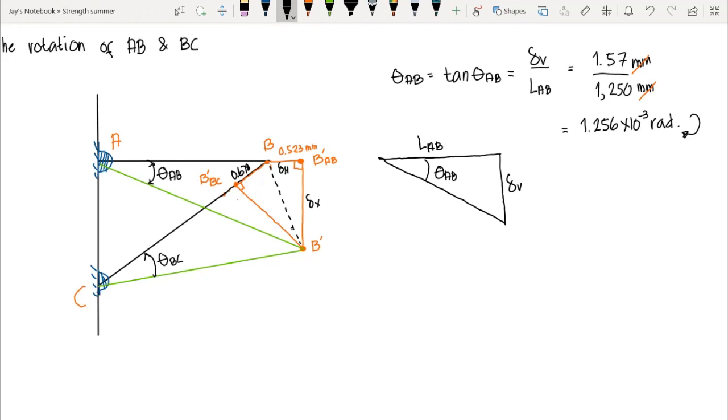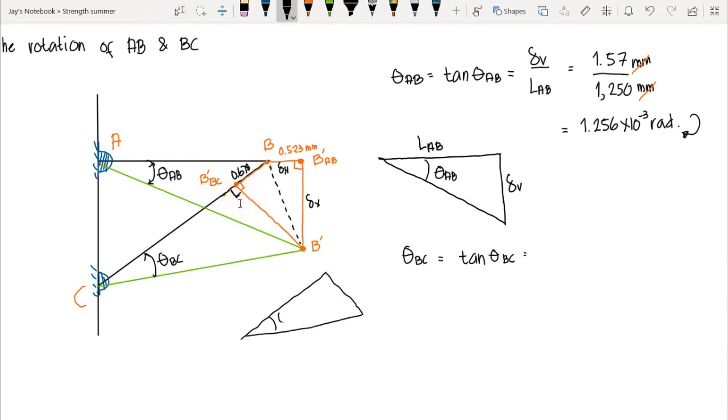Now for the rotation of member BC, that is basically equal to the tangent of the angle itself. Since this is 90 degrees at this point, we could have this triangle.